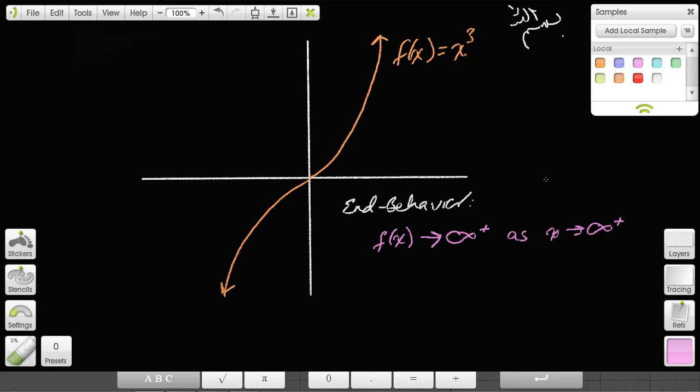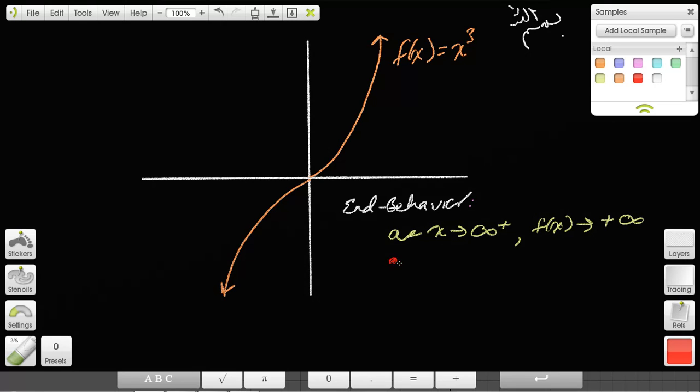Or you can also say, as x goes to positive infinity, f of x goes to positive infinity. And as x goes to negative infinity, f of x goes to, in this case, negative infinity.